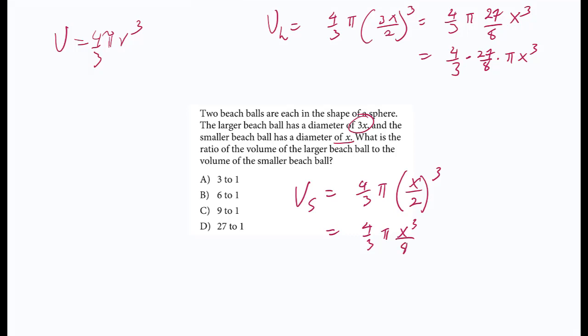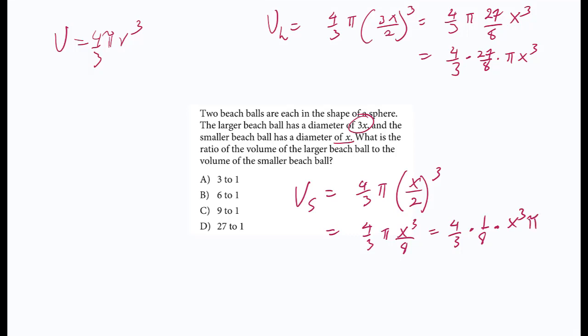Again, to make my calculation a little bit simpler, I'm just going to bring the numbers together. 4 over 3 times 1 over 8 times x cubed, and not forgetting my pi.